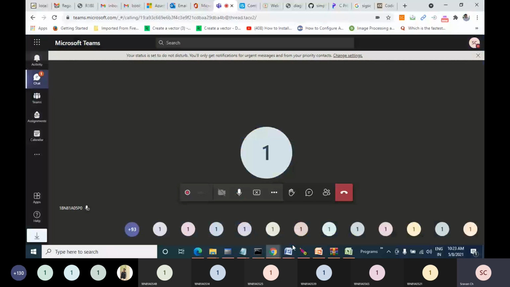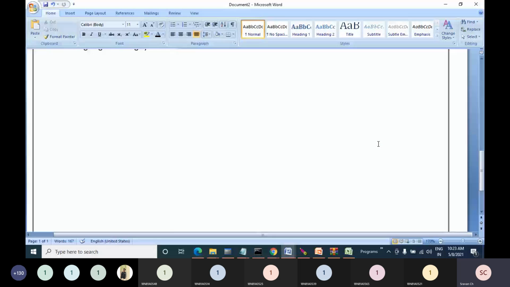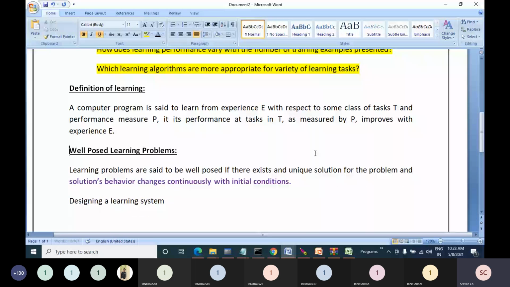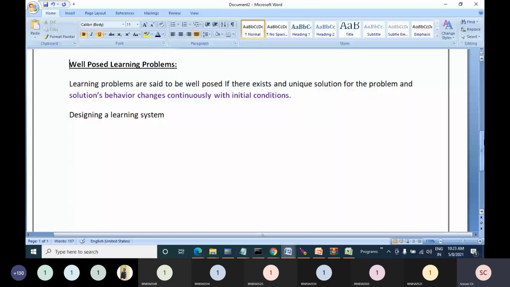Right. So, friends, well posed learning problem. If you see your syllabus, this will be the first topic. What do you mean by well posed learning problems?